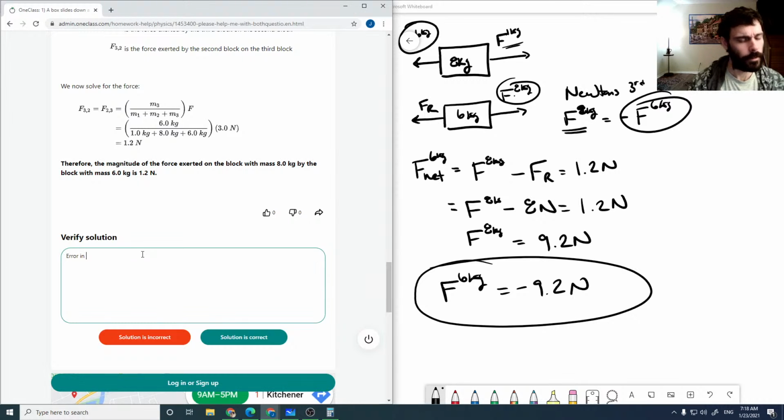So error in second question. Should be 9.2 newtons, not 1.2. Okay.